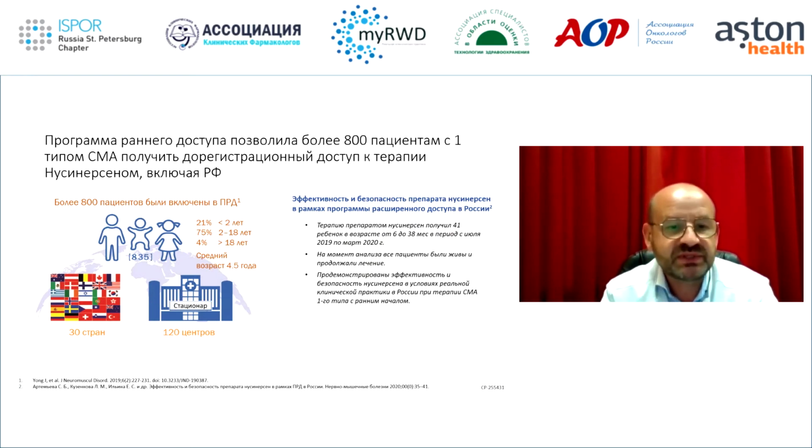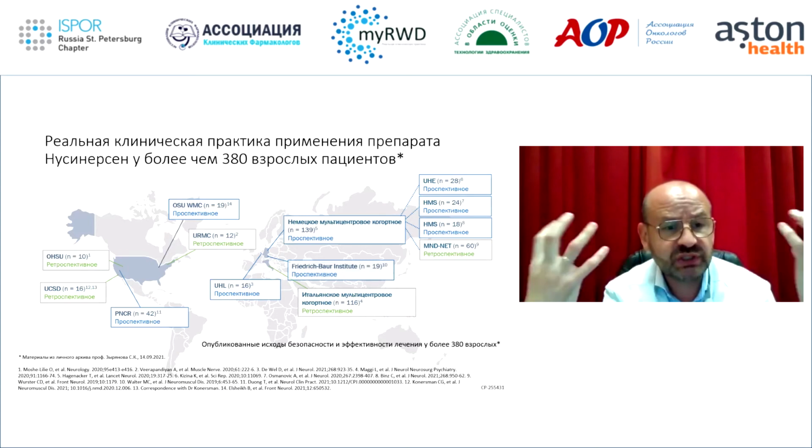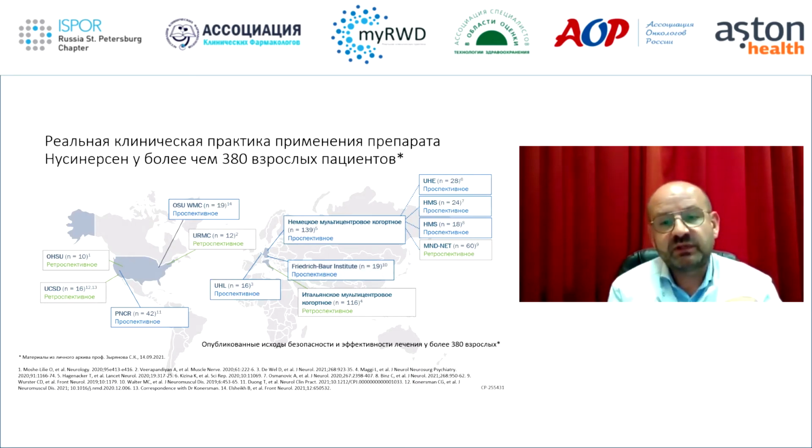And what is important, patients with SMA type 1, who have the lowest number of SMN neurons, feel quite good, but our RWD allow us to expand our knowledge.